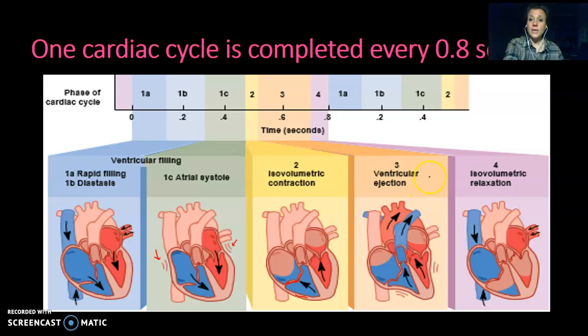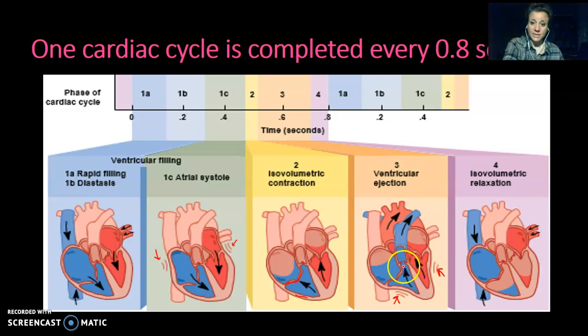Number 3, we have ventricular ejection, which basically means that now we get more contraction. So you can see from these little lines here that are on our pictures, we have more contraction happening, and now we're going to push all of that blood that's been in the ventricles through our semilunar valves.